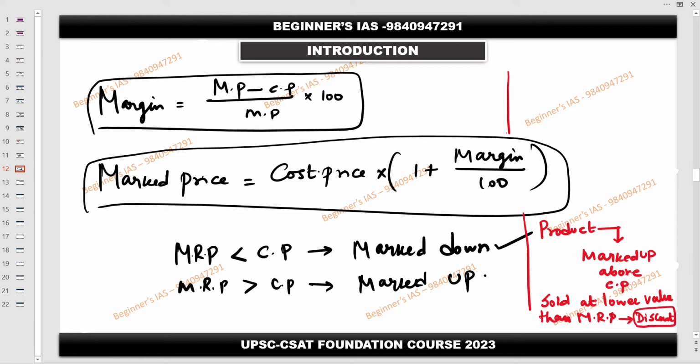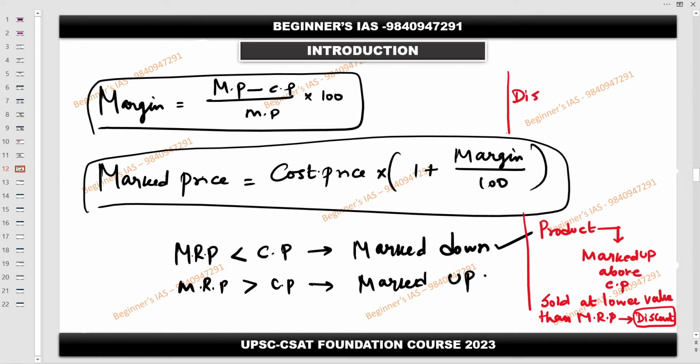So what do you mean by discount? When that product is marked up above the CP and sold lower than the MRP, then you call that as the discount. Understood? If you want, I will write it here.